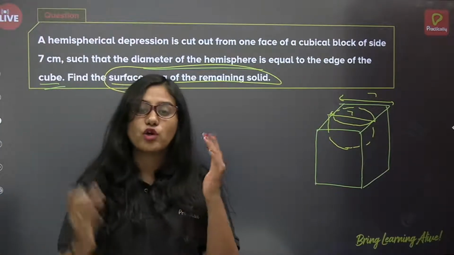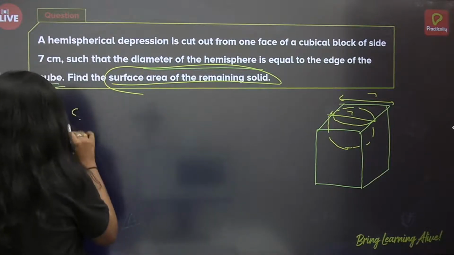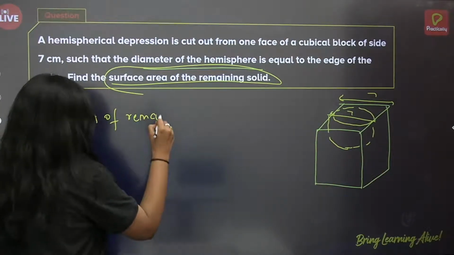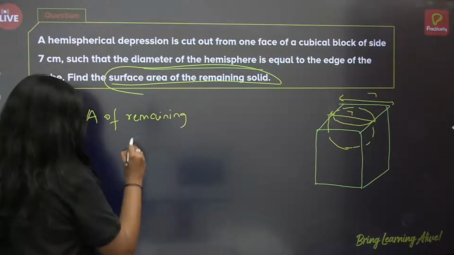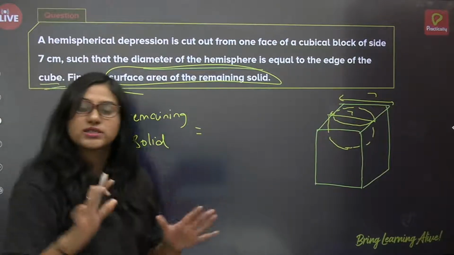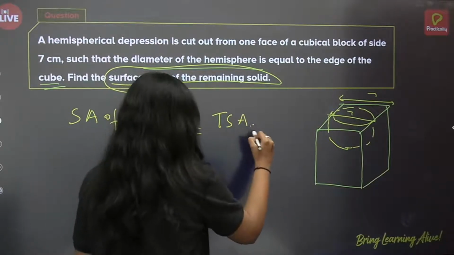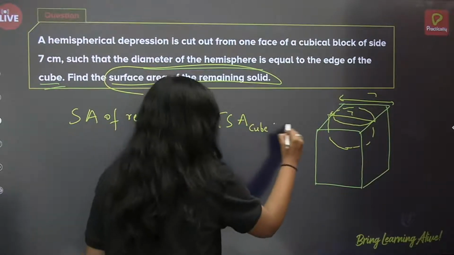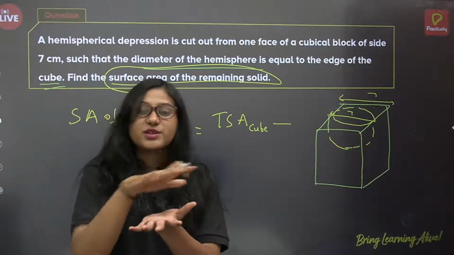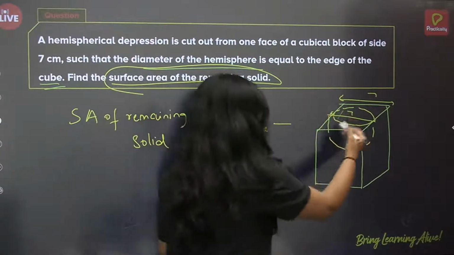So, if I want to find the surface area of the remaining solid, what does it mean? Surface area of the remaining solid equals the total surface area of the cube minus the circle, that is the top one in this case, that is this part.